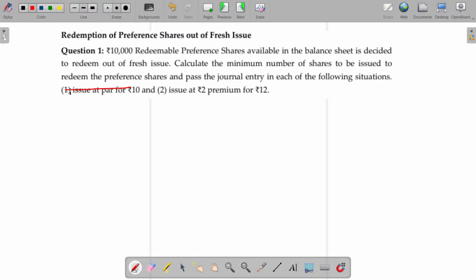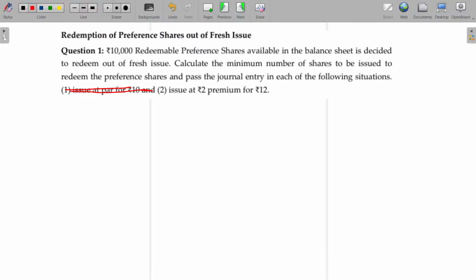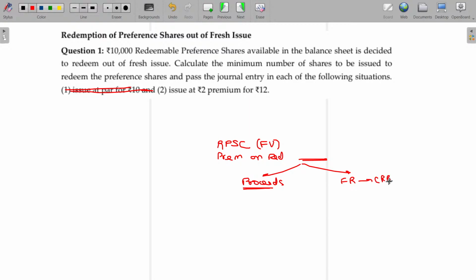Now I am going to solve the second part of this illustration. Always remember, for redemption of preference share, you frame the format. Redeemable preference share capital, face value. If you are paying more than that, that is called premium on redemption. Total value. You can redeem out of proceeds and by transferring the free resource to CRR. If there is any excess payment, that is loss, adjustable to free resource.